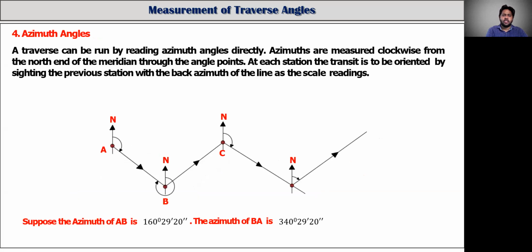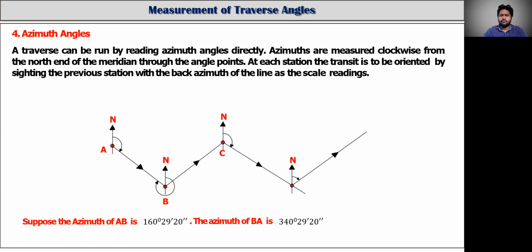Azimuth angle. What is this azimuth angle? A traverse can be run by reading azimuth angles directly. Azimuths are measured clockwise from the north end of the meridian through the angle points.